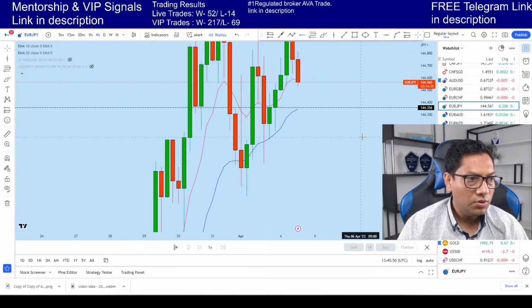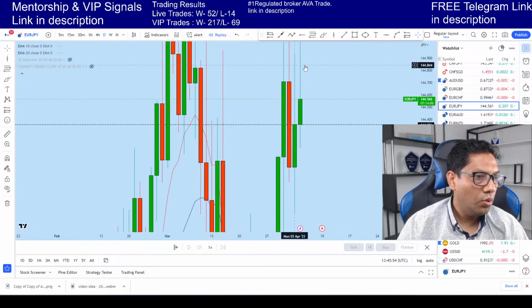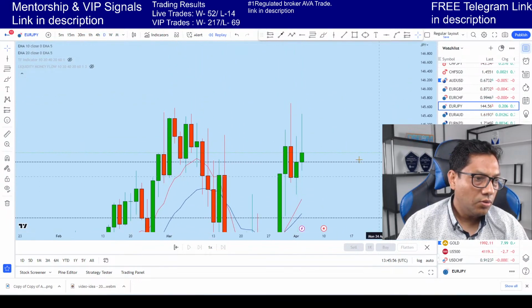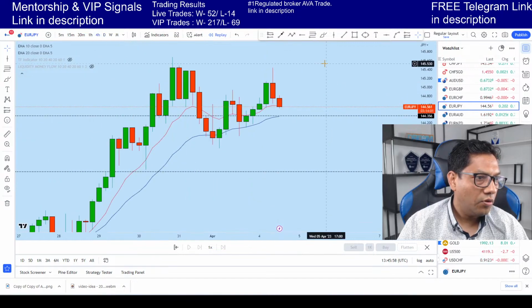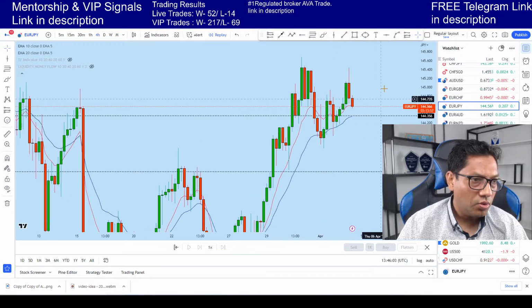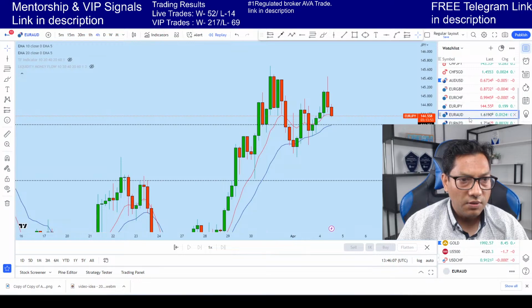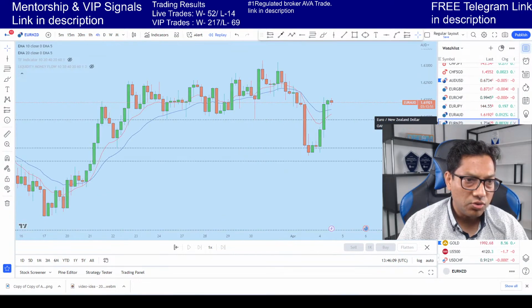We see that EURJPY is a bull market. I will be waiting for it to come down and give us a potential buying trading opportunity. Euro AUD, you can see, is a strongly bullish market.